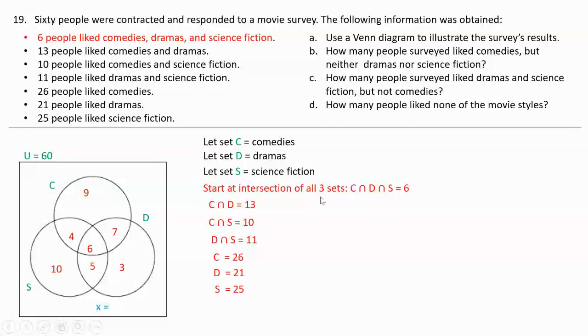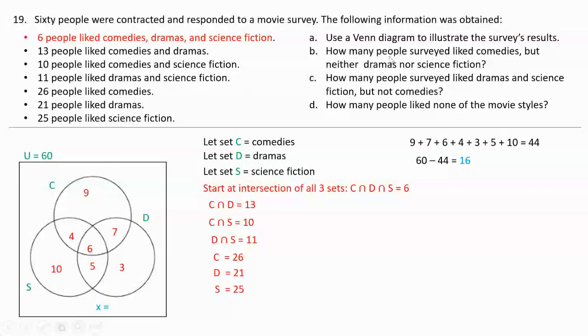Now for part B. How many people surveyed like comedies but neither drama nor science fiction? So we go to comedies. How many like comedies but not dramas? It's only going to be 9, because not these right here. Only comedies by itself.